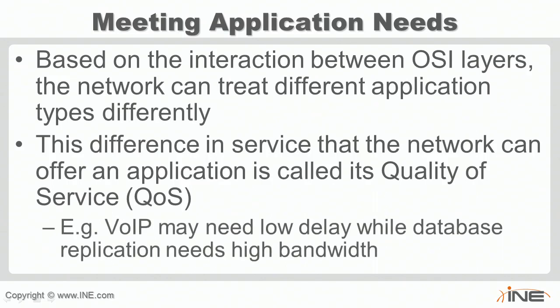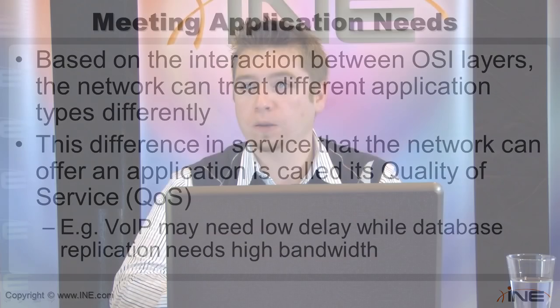We may find that something like voice doesn't necessarily need a lot of bandwidth, but it needs to make sure that it has low delay, so that when I'm talking on one end of the phone, it doesn't take 5 seconds for it to get to the other side. So we'll look at, when we see the different types of data going through the topology, moving between the switches and the routers, how we can deal with the requirements of the individual application based on different configurations that we can do on the routers and switches.